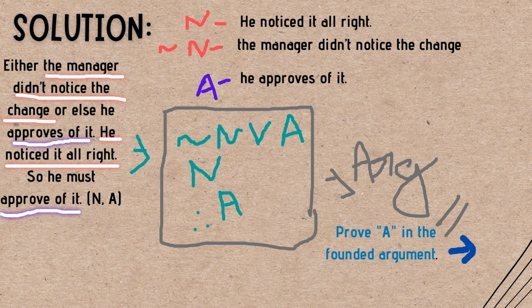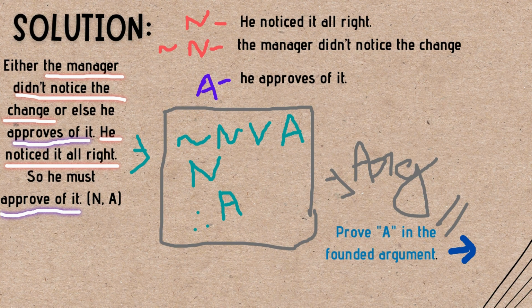Notice that the first sentence is a negative statement, the manager didn't notice the change, so we add negation to the variable. The third sentence, he noticed it all right, is a positive statement, so we don't add negation. Only negative statements get negation, which gives the opposite. Have you understood?